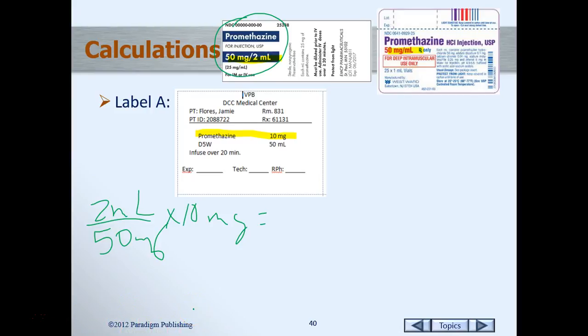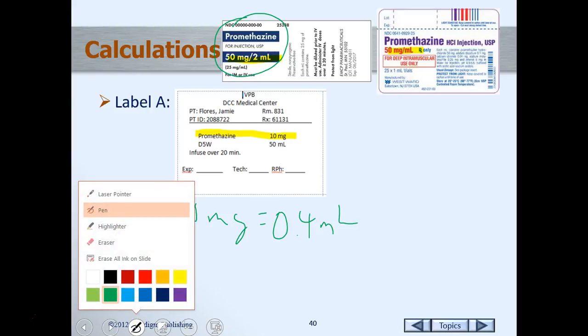And I can't bring up my calculator on the computer. All right, so this comes out to be 20 divided by 50, or 0.4 milliliters.